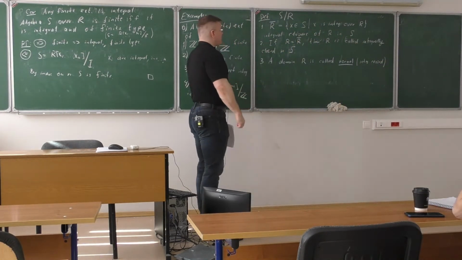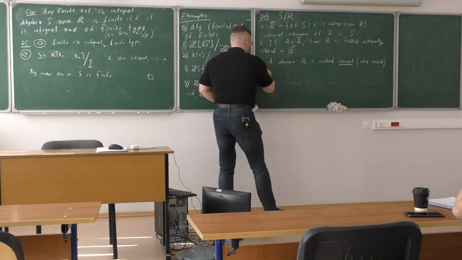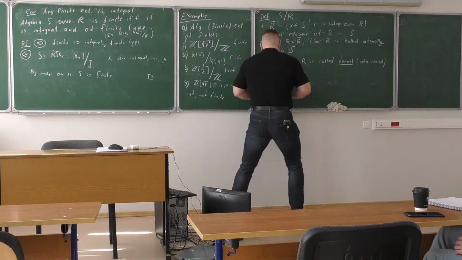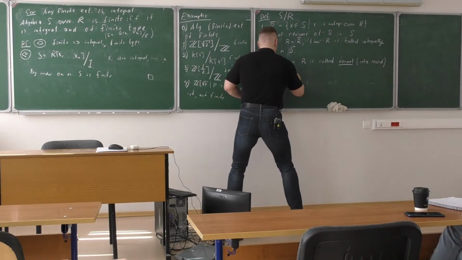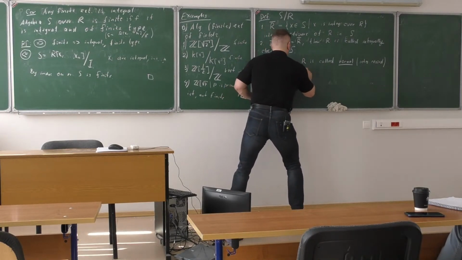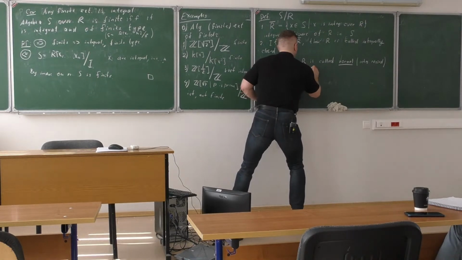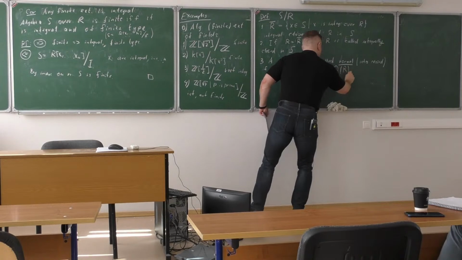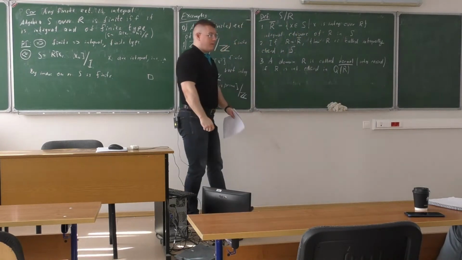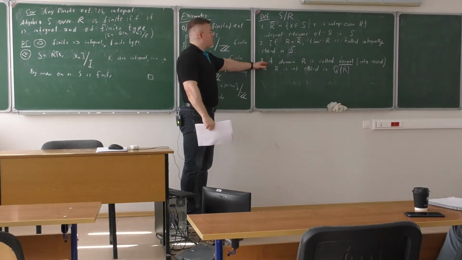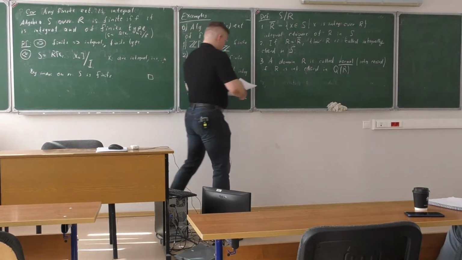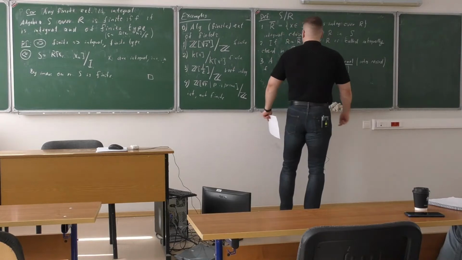So a domain R is called normal if R is integrally closed in the Q of R. So this definition doesn't depend on any extension S. So this is just for a domain R. Okay.